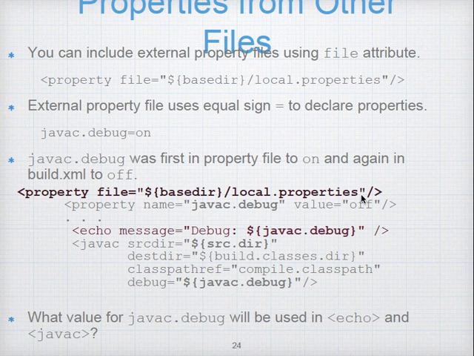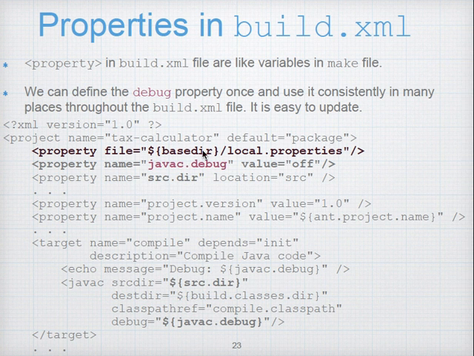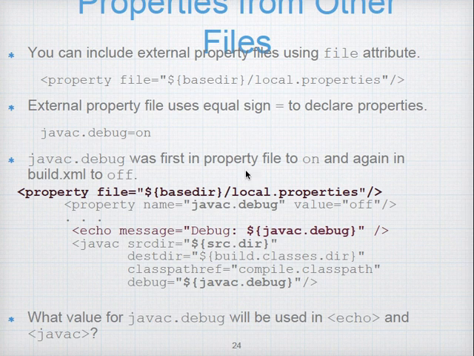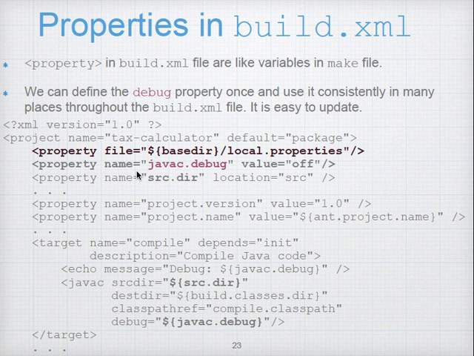In this property file, I set the debug to on. But mainly by mistake, maybe I defined it again inside the .xml file.